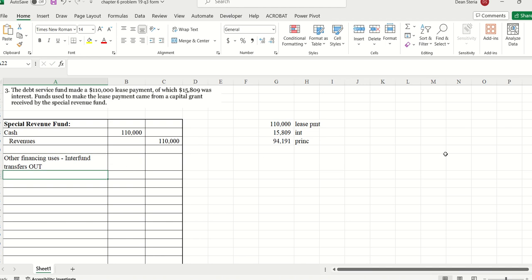And then what are we transferring? We're transferring the cash. So that's the 110.